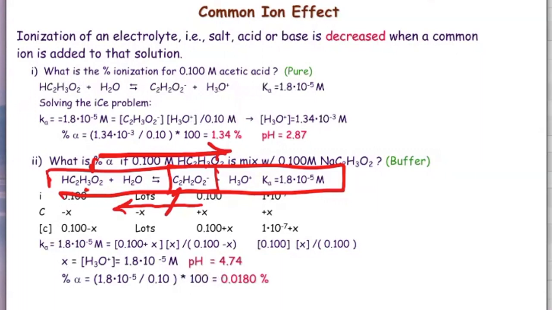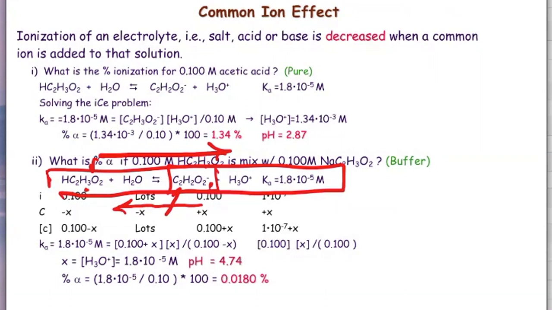If you have more products, the reaction will offset the equilibrium by converting this product to reactant. And so less of the acid is going to produce its conjugate. The reaction is going to be less favorable to the right.